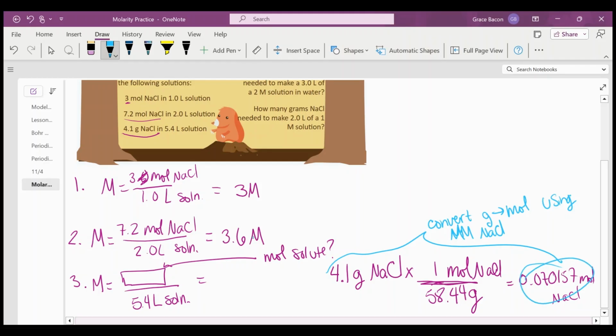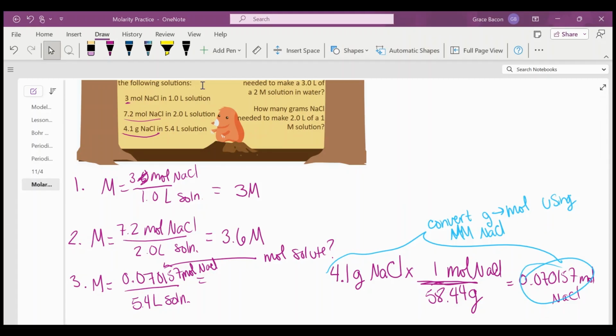And that gave me this number here, which I can now fill back into my formula, moles of solute divided by liters of solution. So now I'm going to put in my 0.070157. Remember, we kept those extra digits just so we wouldn't lose any information here.